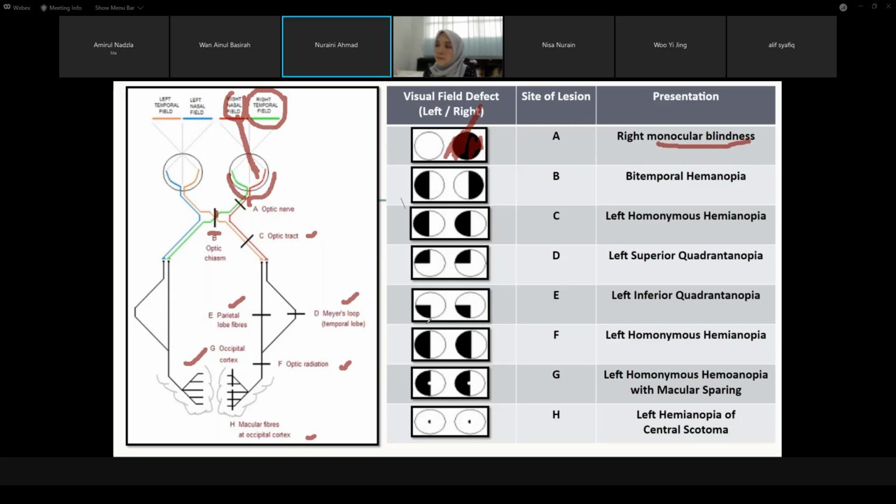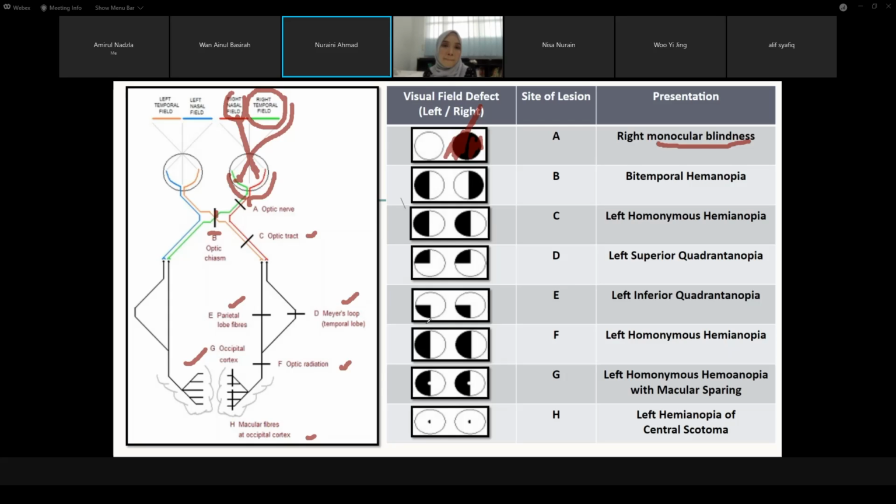Yang warna hijau ni bila kita go up, this is nasal retina fibers kan? So nasal retina fiber ni, yang ni kita terima daripada temporal fiber, retinal temporal field ni. So kita hilang ni.